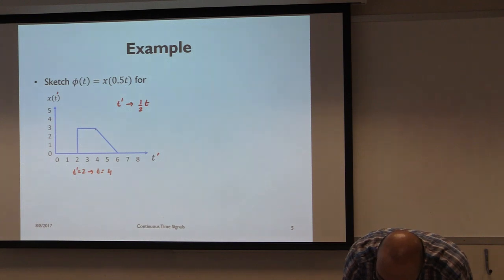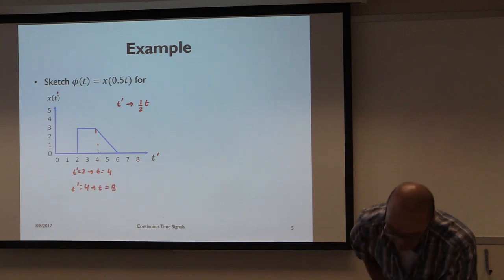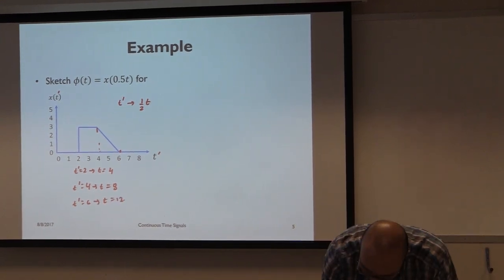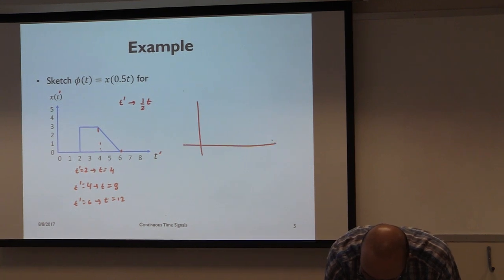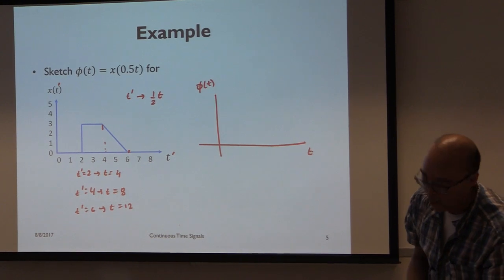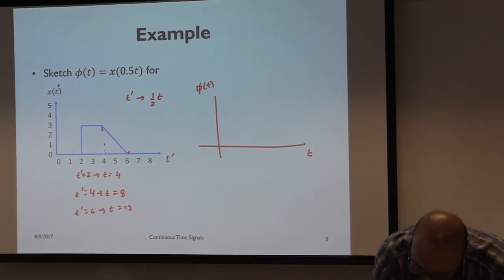If I take a look at this point over here, that's t prime is equal to 4, that would map to t being equal to 8. And then if I look at this point here, that's t prime is equal to 6. That maps out to t equal to 12. So if I then want to finally plot phi of t as a function of t, then my important points are going to be 4, 8, and 12.